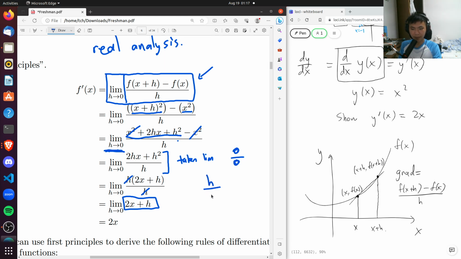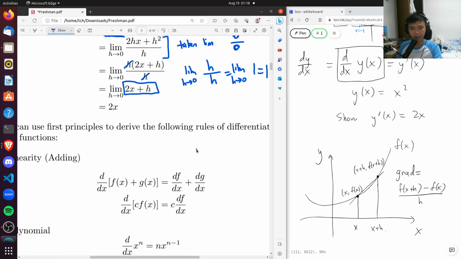If we take the limit as h approaches 0 of h over h, it may seem like it's 0 over 0, and then we don't know what the answer is. But in reality, no matter what value h is, h over h is always going to be 1. So if we're taking the limit of this constant number as some variable approaches 0, this is just 1. That's the procedure we're doing here, and that's the trick we're performing when we take derivatives.